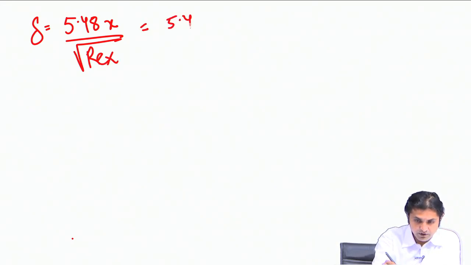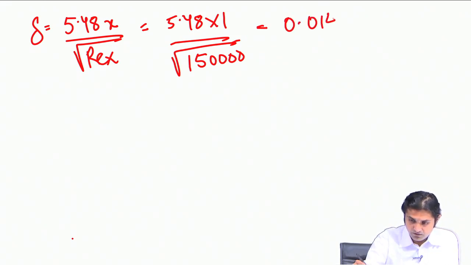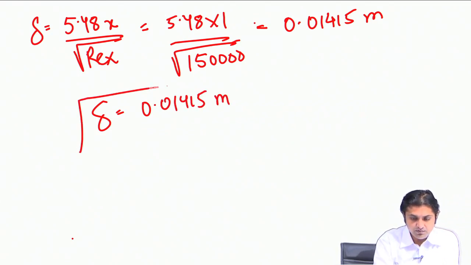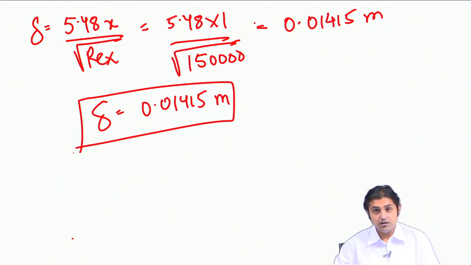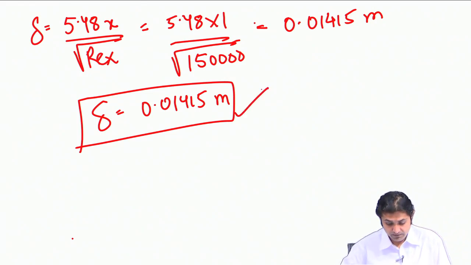So 5.48 into 1 divided by under root 1.5 into 10 to the power 5, that is 15 followed by 3 zeros, and that comes out to be 0.01415 meters. So the numerical value comes to 0.01415 meters. So this is the boundary layer thickness. Here we have calculated the boundary layer thickness in terms of numerical values. Good.